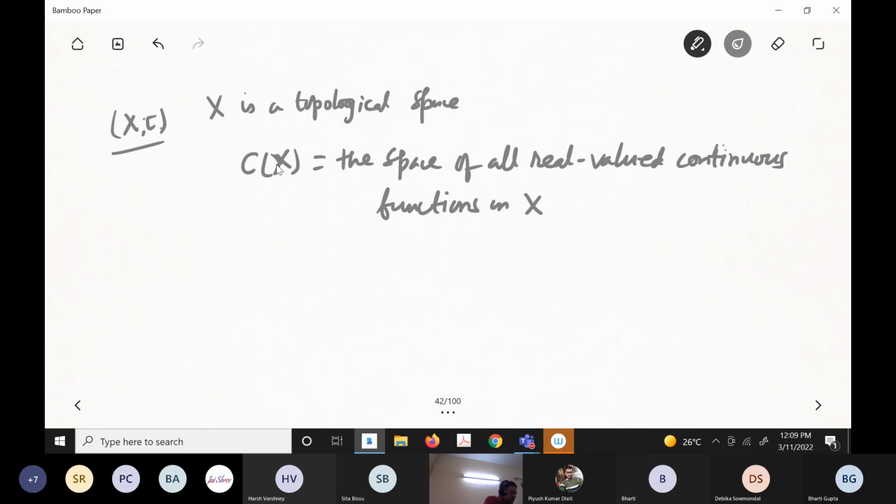I'll tell you with respect to which metric we can do that. But here the function need not be bounded unless X is compact.